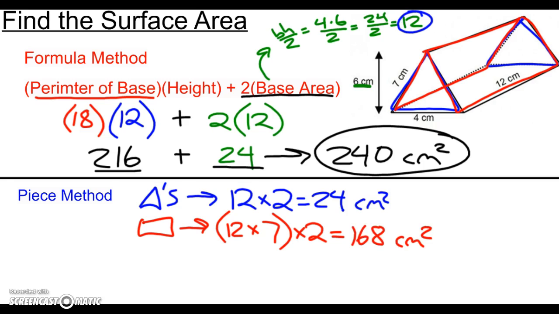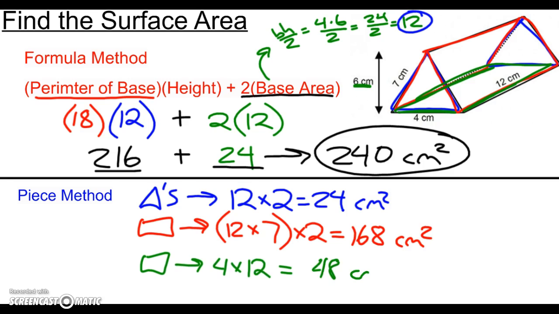And lastly, we have that bottom rectangle that's hanging out by itself, which is a 4 by 12. There's just one of those, so that's 48 square centimeters. If we add up these 3 numbers, we end up getting 240, which is what we got before. So if you prefer the piece method, you can do it that way.